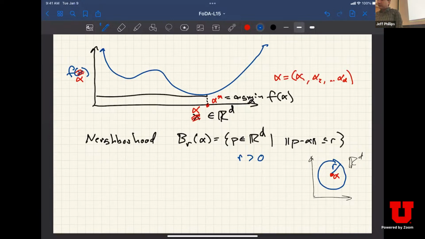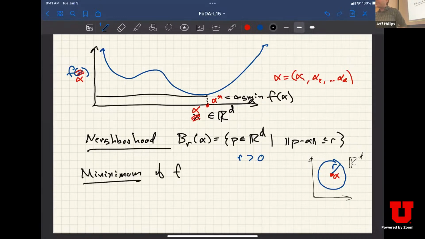So with the notion of a neighborhood, I can now define a minimum of some function f.